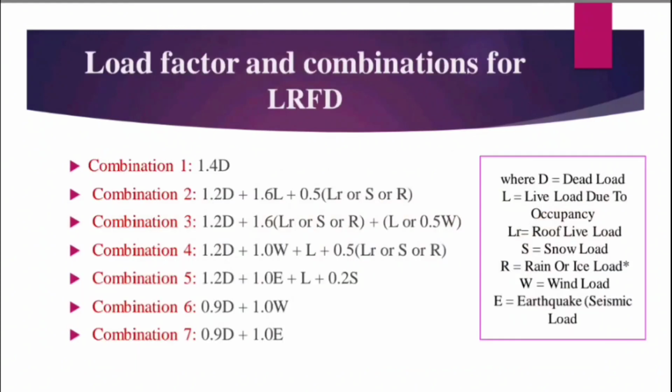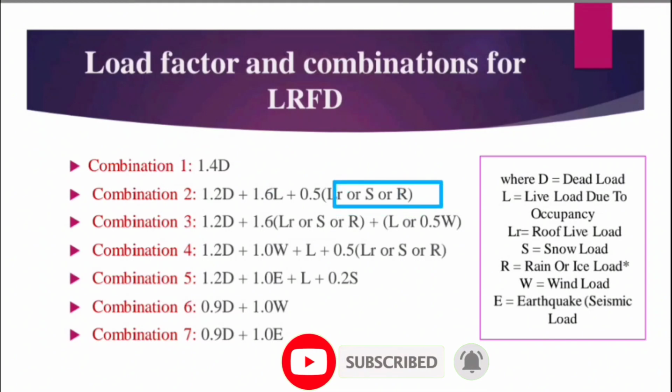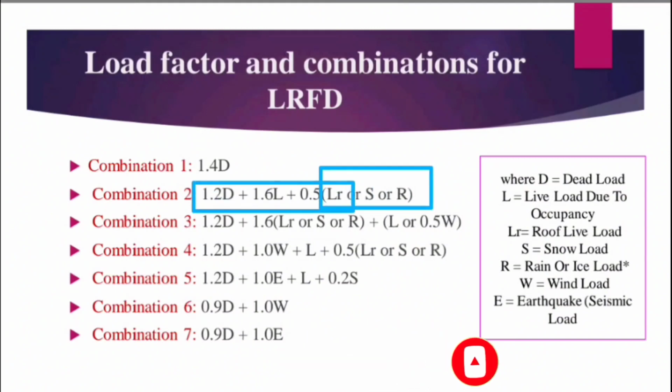This is the last slide of today's lecture, the different combinations of loads used in LRFD, that are the 7 combinations. If only dead load occurs on a structure, we will use only load factor 1.4. If along with dead load and live load, the snow load, rain load or roof live load occurs, then we will use this combination.